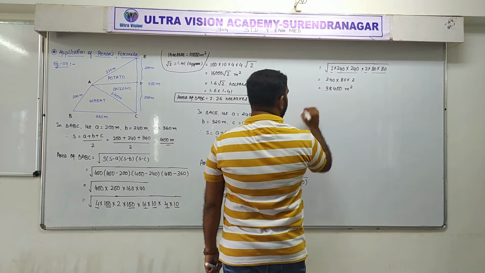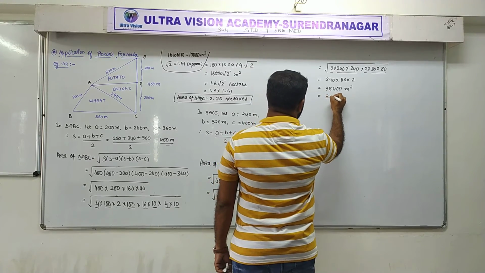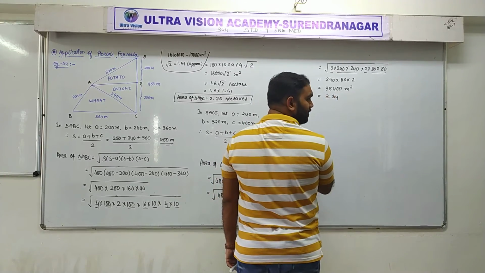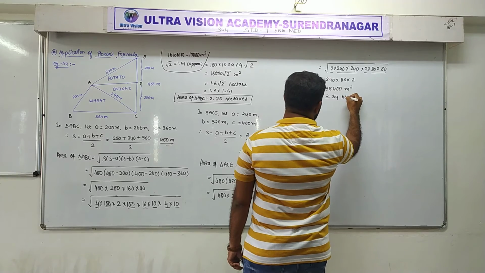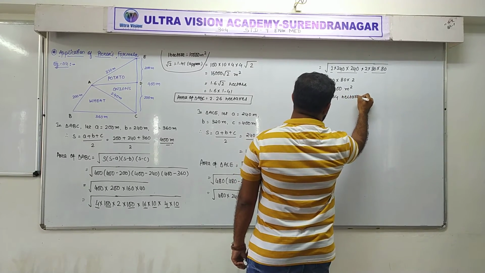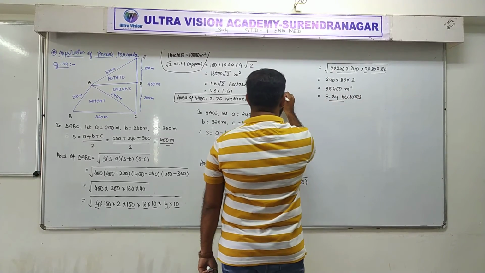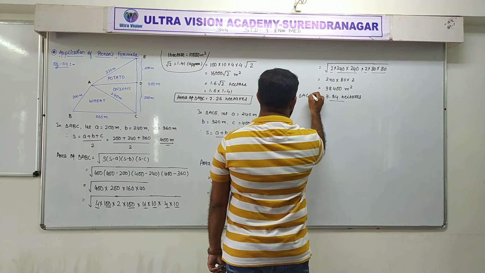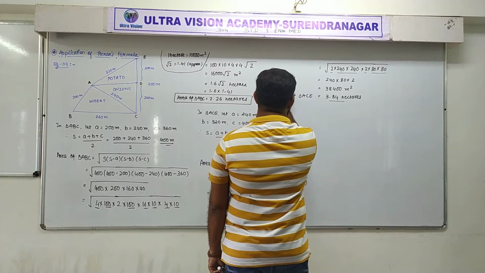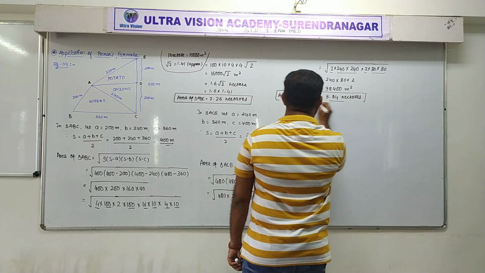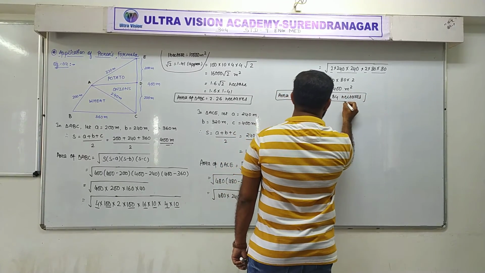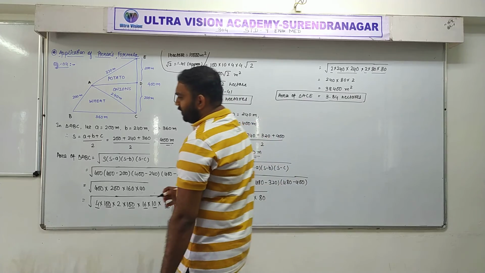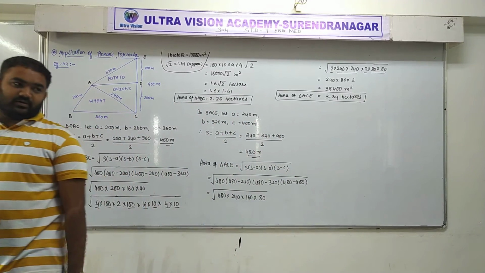Meter square. Convert them into hectares. Divide by 10,000. That would be 3.84 hectares. What is this? Triangle ACE. So this is the area in which she will grow potatoes and onions together.